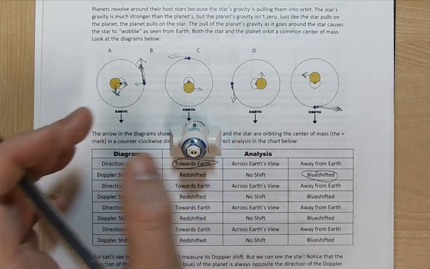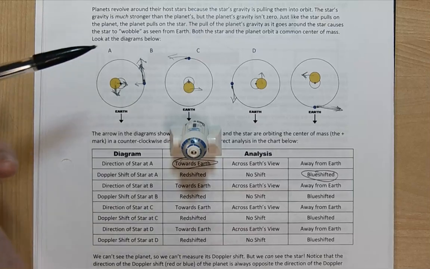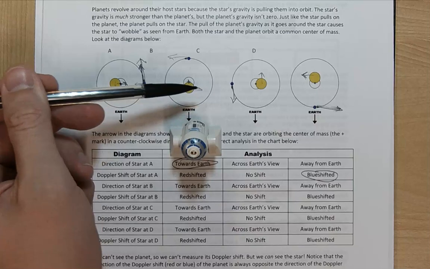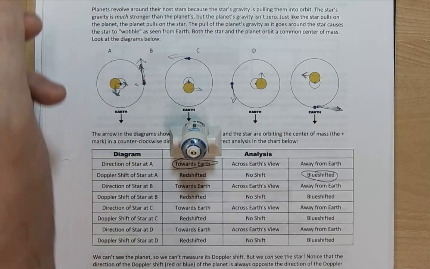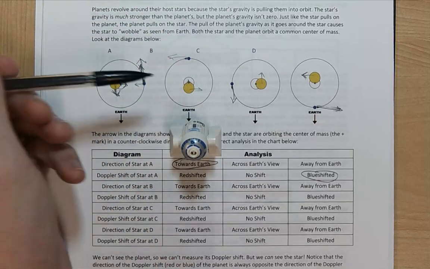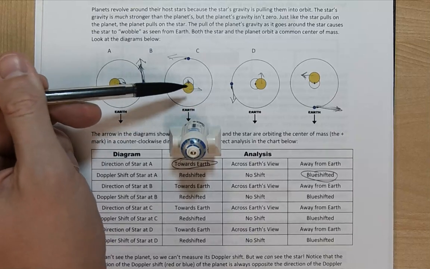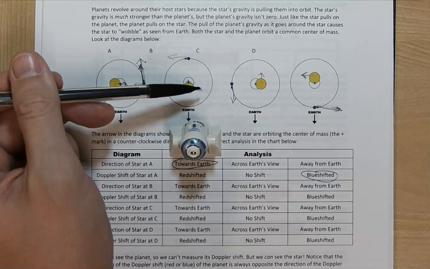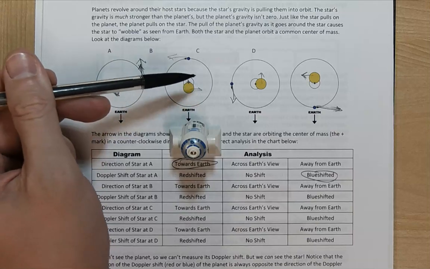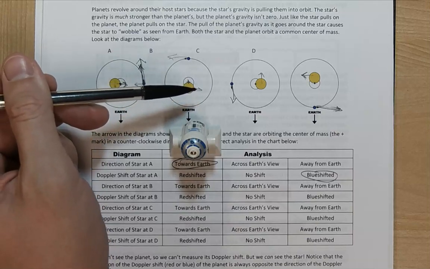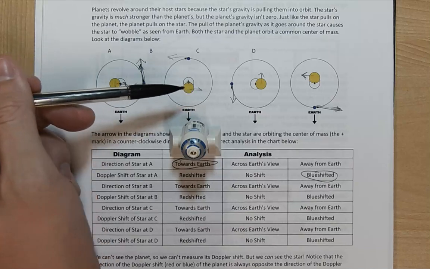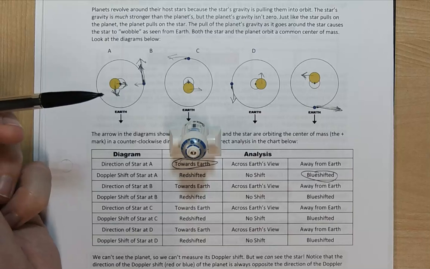Okay, how about now? If you look at the star at B, the star is moving sideways. Right? It's not moving toward the Earth. It's not moving away from the Earth. It's moving to the right. Well, the star's moving, sure, because the star is always moving as it orbits the center of mass of the system. But if it's not moving toward us or away from us, then there's not going to be a Doppler shift.